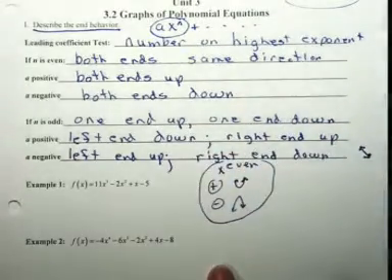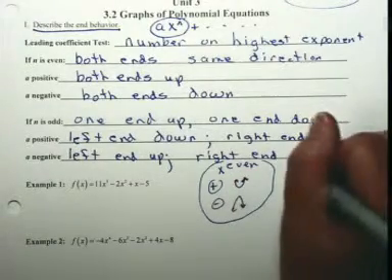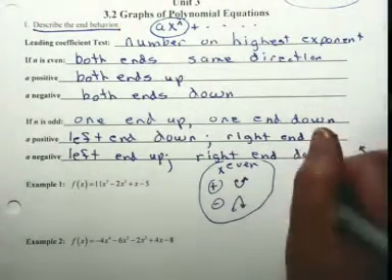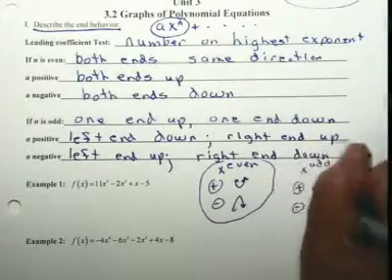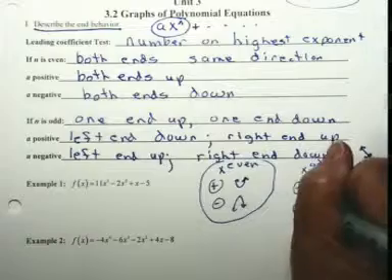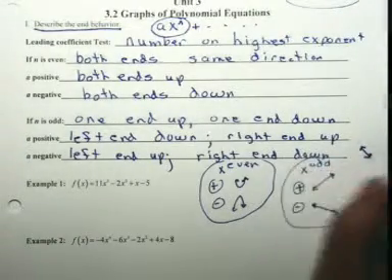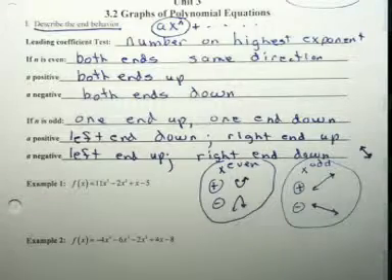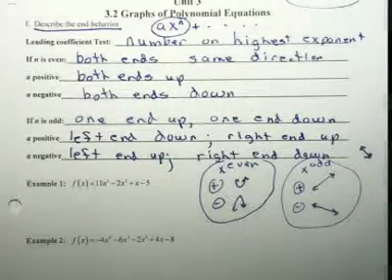These pictures help me to remember. X squared said they were both up or both down. If it's odd and positive, it's a positive slope. If it's negative, it's a negative slope. I just think of these little pictures to help me describe the end behavior. Even, they are together. Odd, they're different.